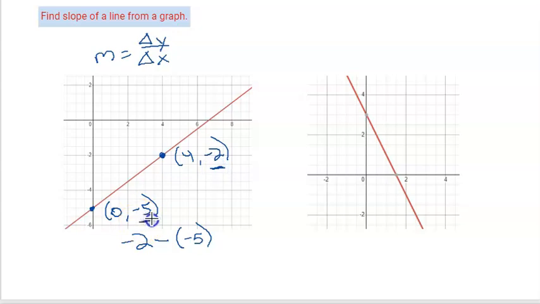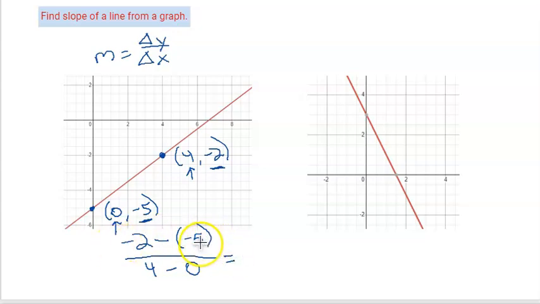Notice I'm just looking at my y's right now. That goes on top, and on the bottom you start with the same ordered pair you started with for the numerator here. So 4 minus 0. So if you start with this ordered pair on top of the fraction, you have to start with this same ordered pair on the bottom.